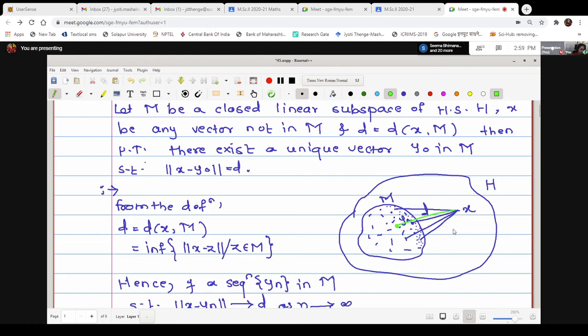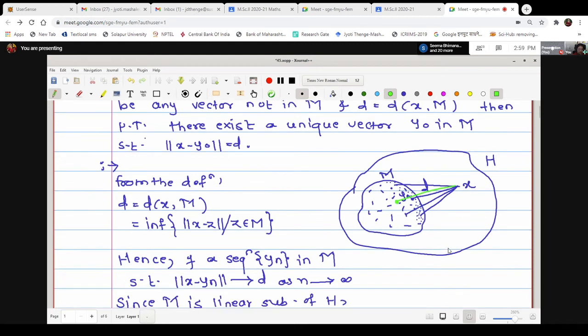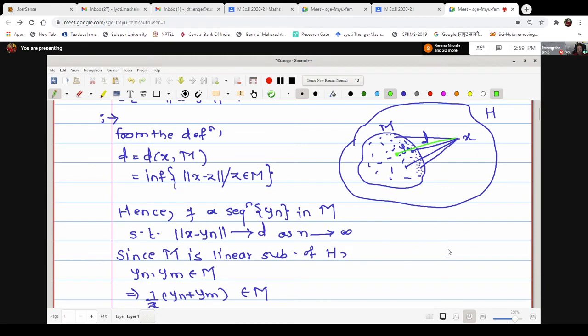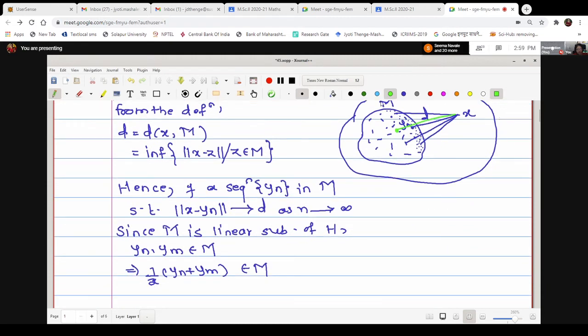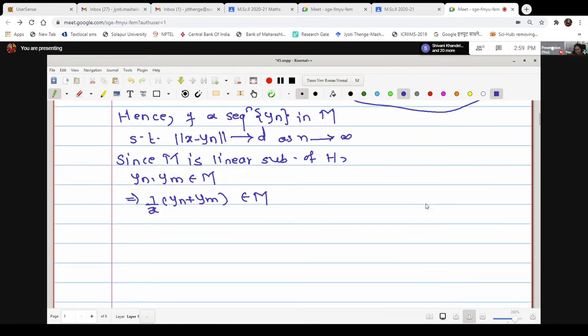We are not sure yet that this is giving us the infimum distance among all possible. Therefore, what can we predict? The distance between this point and the vector x, this implies norm of x minus half times yn plus ym must be greater than or equal to d.